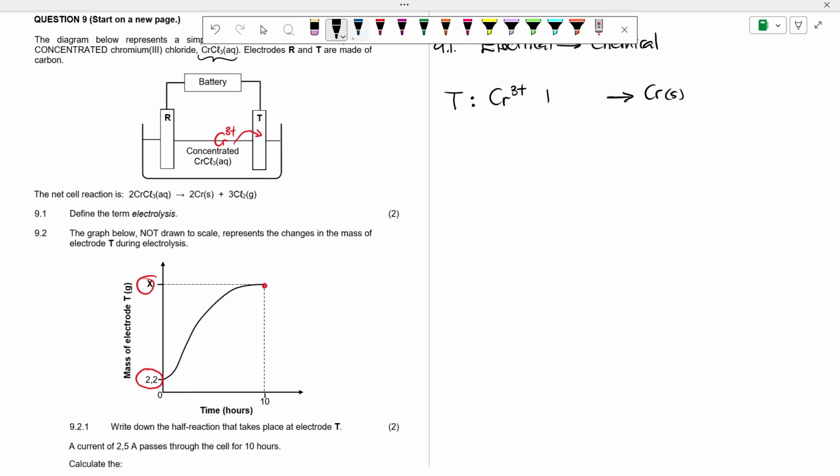This should be really simple to think about. Then on R, we are producing chlorine gas. Therefore, we have chloride, which is losing electrons to become chlorine gas. I just need to balance by multiplying by 2 there.